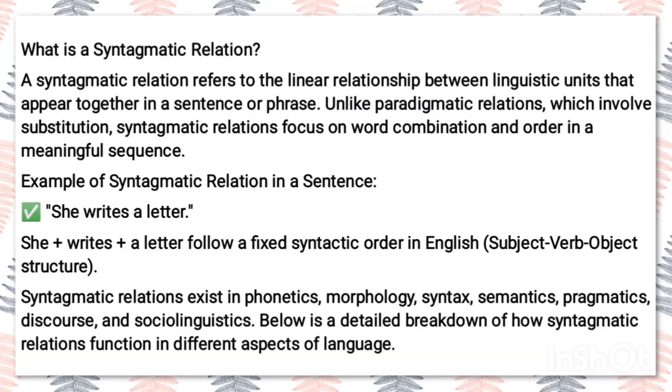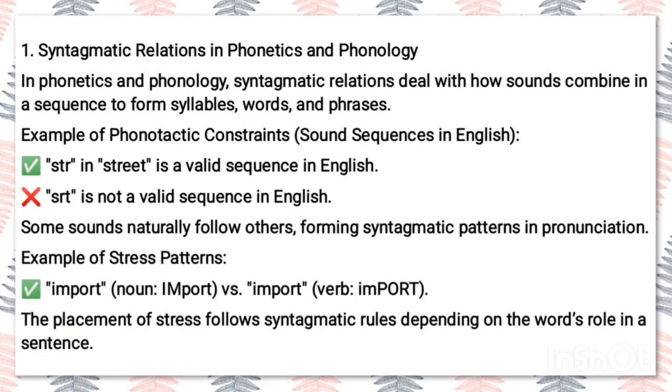Now, let's see how syntagmatic relations work in different aspects of language. First one, phonetics and phonology. In phonetics and phonology, syntagmatic relations are concerned with how sounds combine in a specific sequence to form syllables, words and phrases. These relations also highlight the natural pattern of sound combinations in a given language.